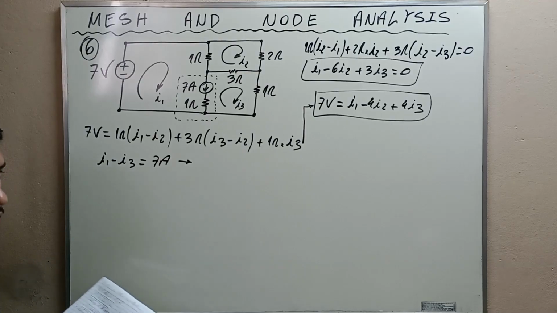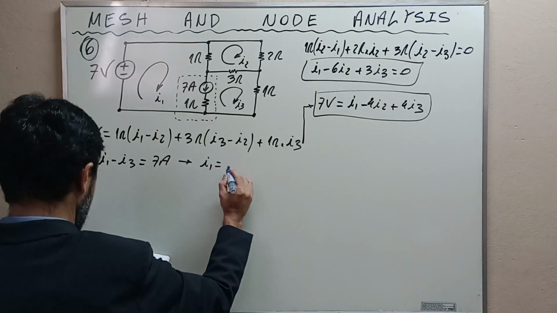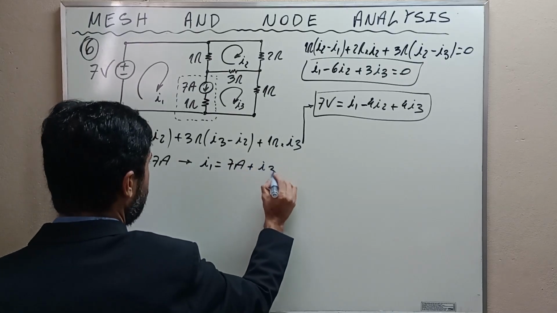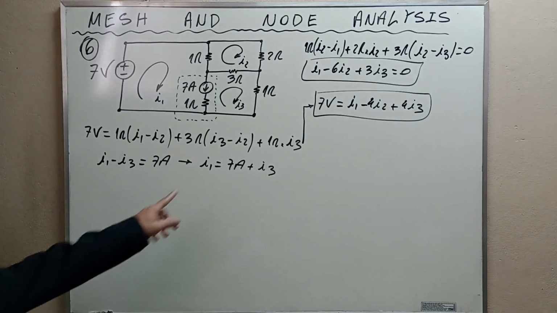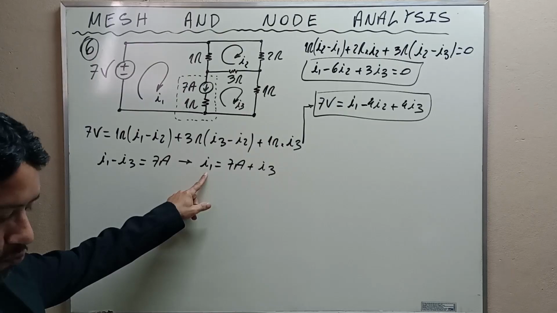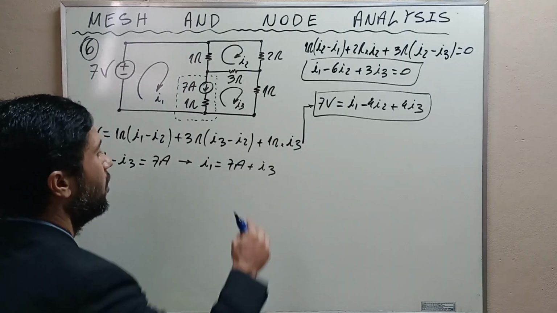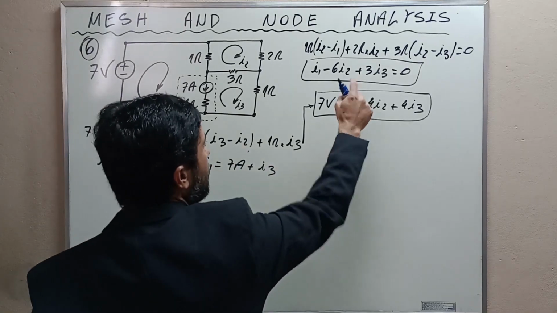And in this way, we understand that I1 is equal to 7 amps plus I3, okay? And we are going to apply this here in the first two equations. Here, we are going to apply this here and here, okay?